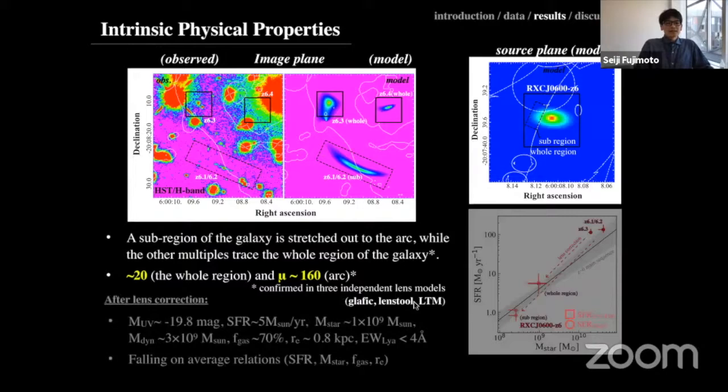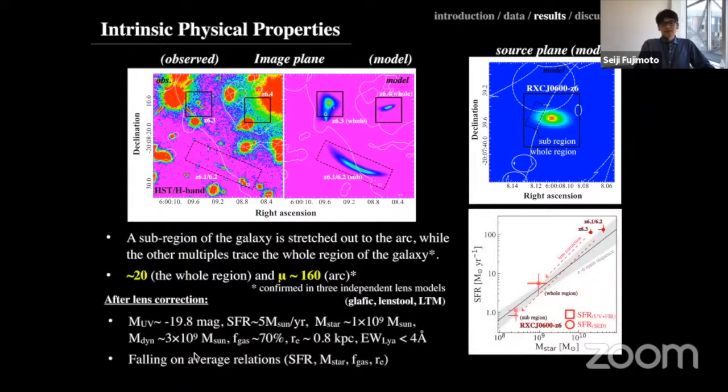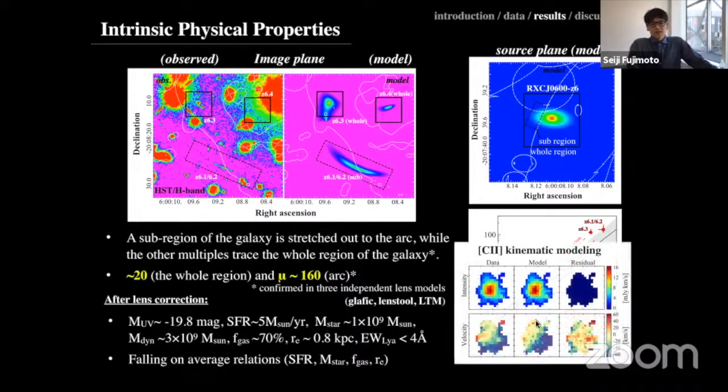So here summarizes the physical property of this system after the lens correction. Three times fainter than the characteristic luminosity, both the sub and whole regions of the galaxy are falling on the main sequence of the star formation and stellar mass relation. And based on 3D modeling results, we also obtained the dynamical mass and subsequently the gas mass by subtracting the stellar mass from the dynamical mass estimate.